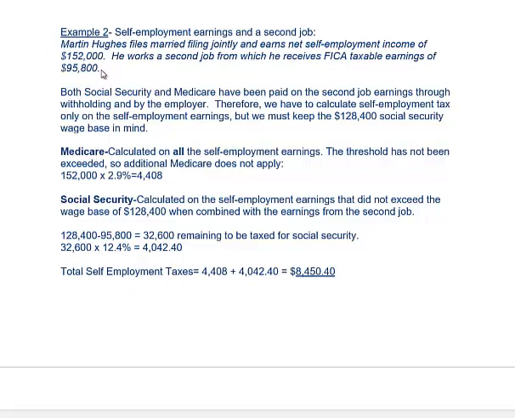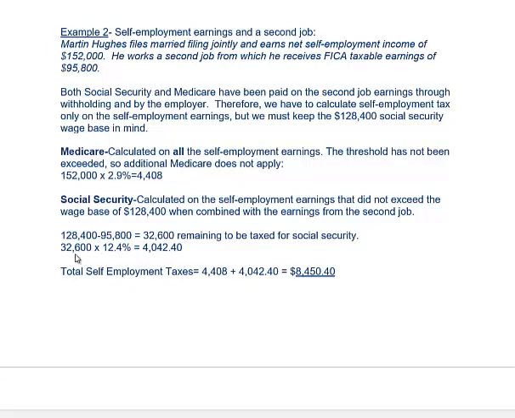So he only owes Social Security on the self-employment that exceeds 95.8 but is below 128.4, because remember, Social Security is not levied on income that exceeds 128,400. So if we take the wage base of 128.4, subtract the 95.8 earnings from the second job, he only owes Social Security on 32,600 of his self-employment income.